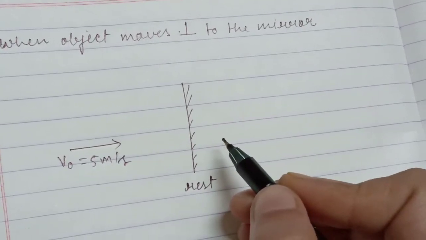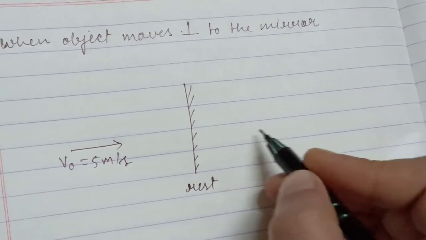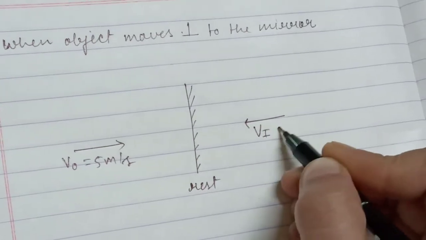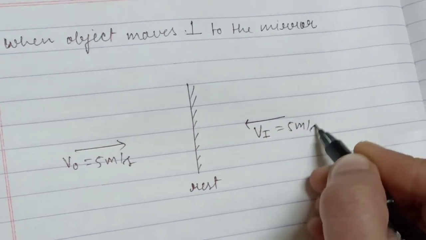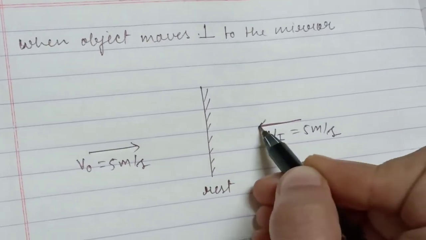So the velocity of the image is the same, 5 meter per second, towards the mirror, but in the opposite direction.